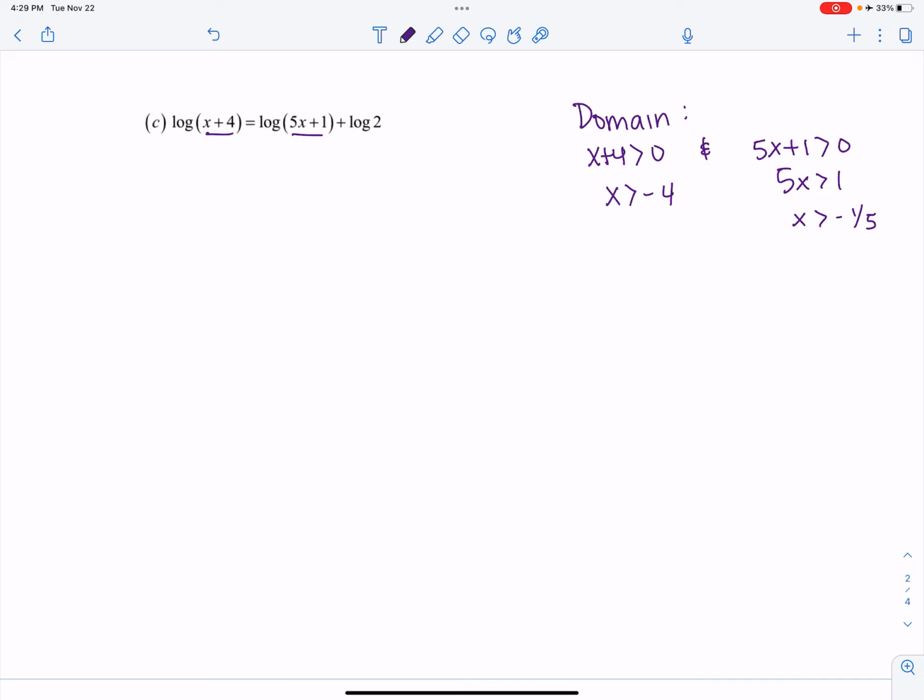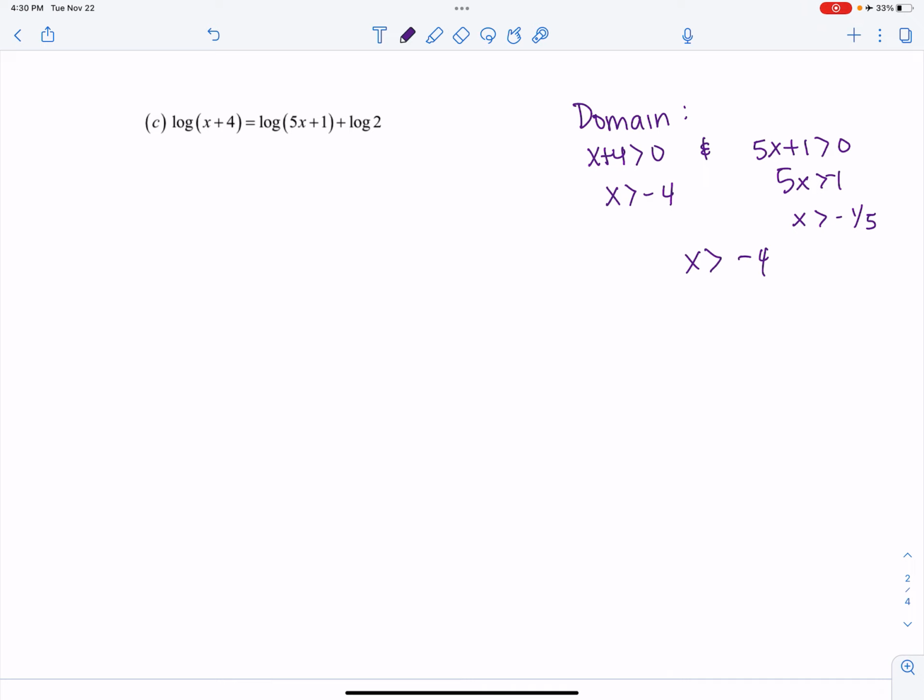And so here we have x is greater than negative 4. All right, now we can solve algebraically first.